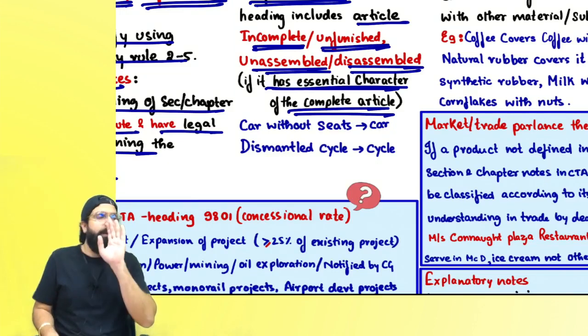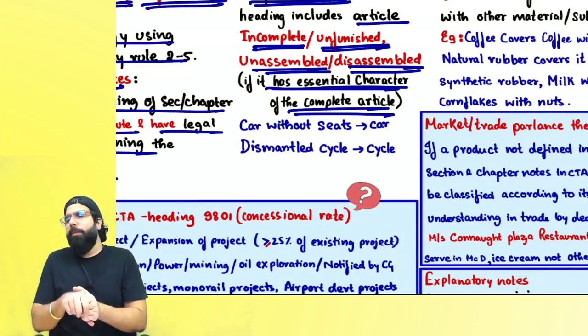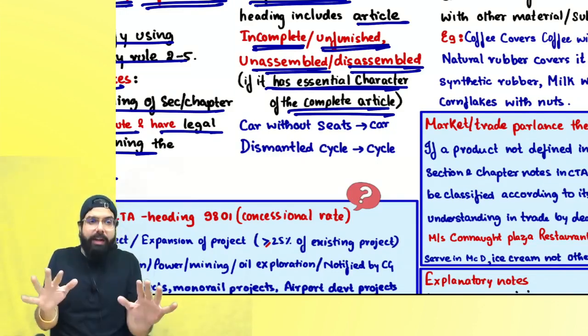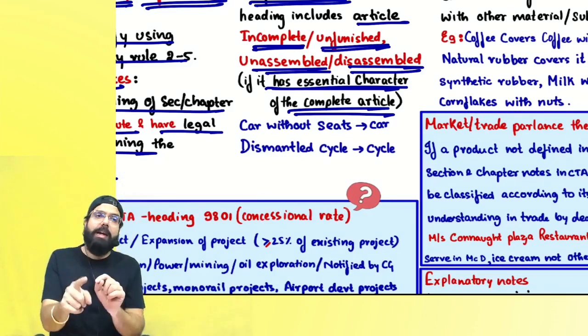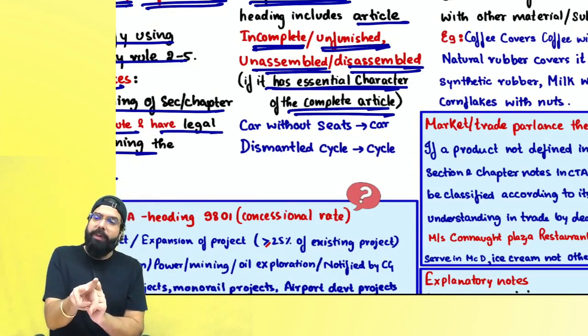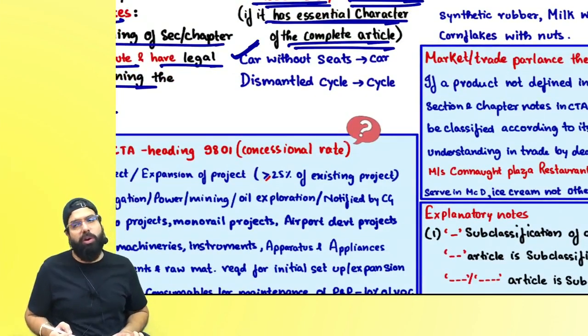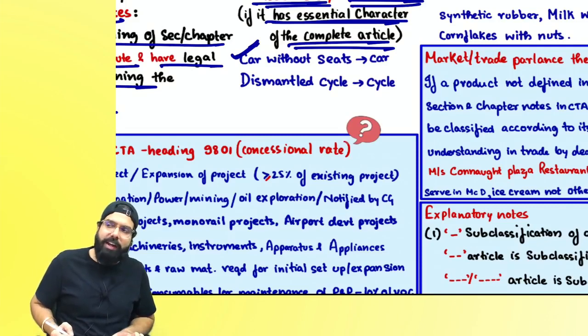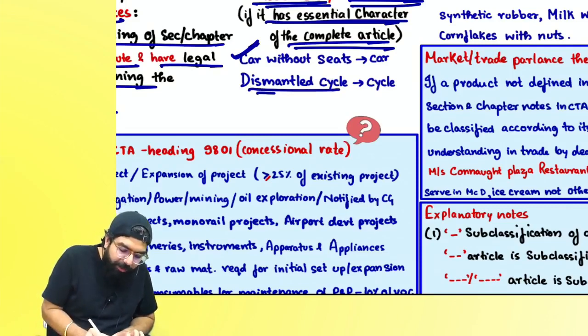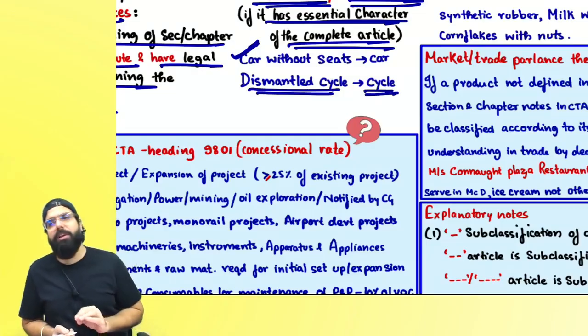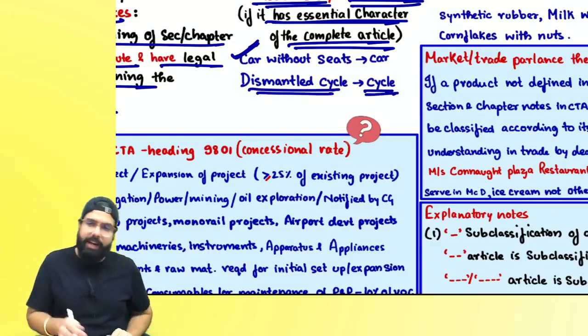Always remember rule number 2(a) says an article always includes that article incomplete, unfinished, unassembled or disassembled also. For example, a car without seat is also a car only because it has the essential characteristic of a car. A dismantled cycle will always have the essential characteristic of a cycle, hence to be classified as a cycle.